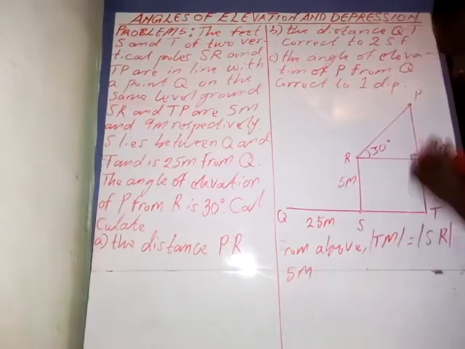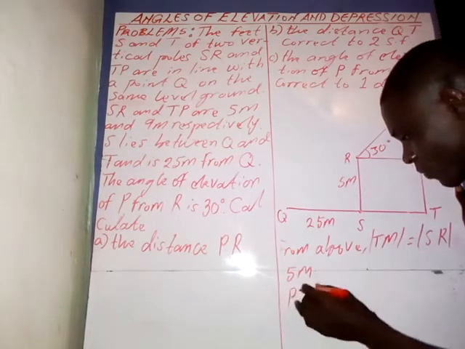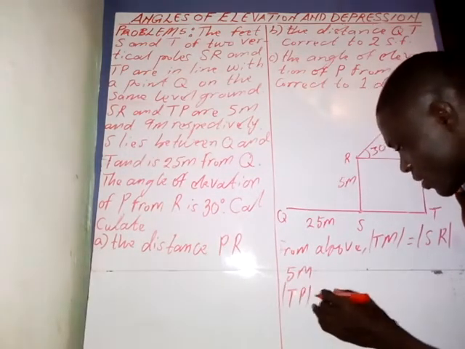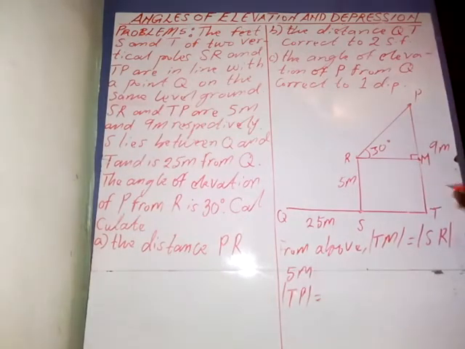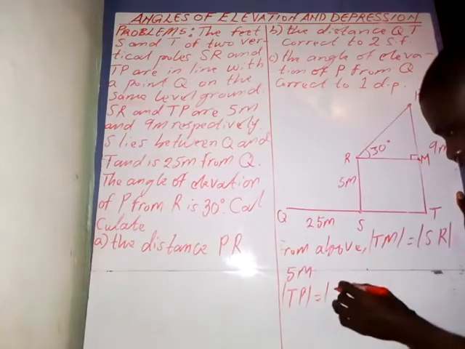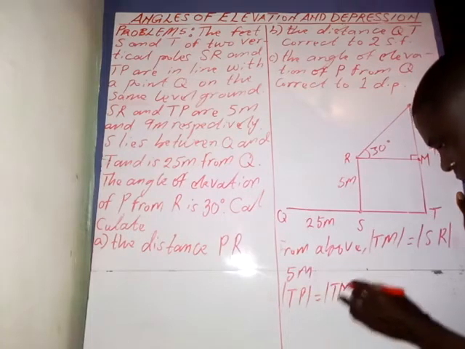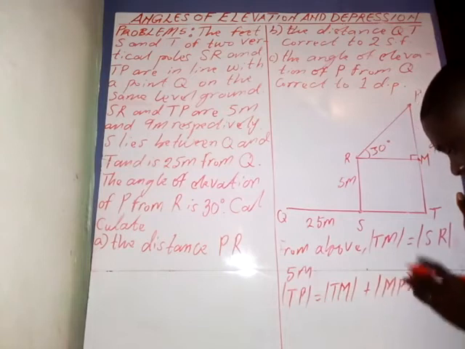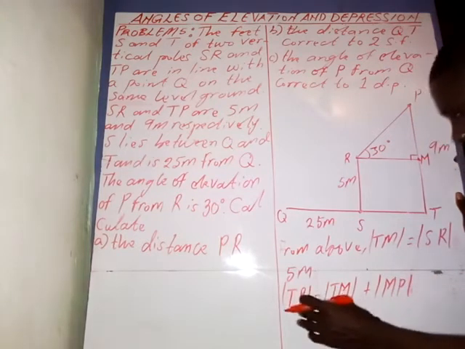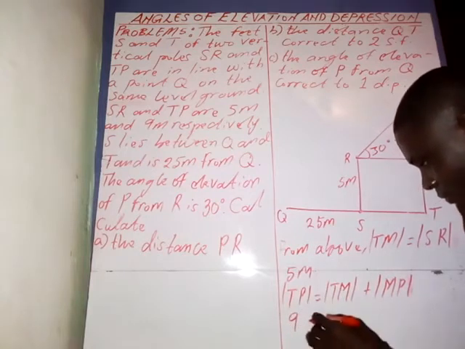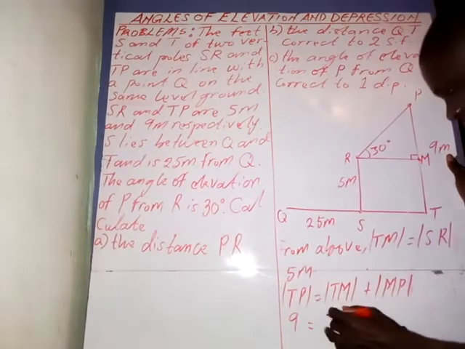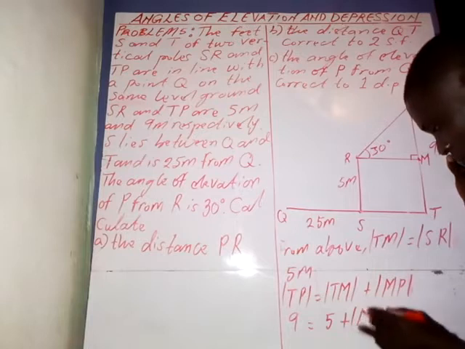As we know from the diagram, TP is the summation of TM and MP. So TP is equal to TM plus MP. So we know that TP is 9 meters, and we have that TM is 5 meters. So we need the value of MP.